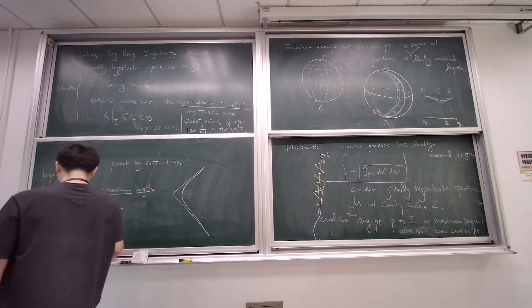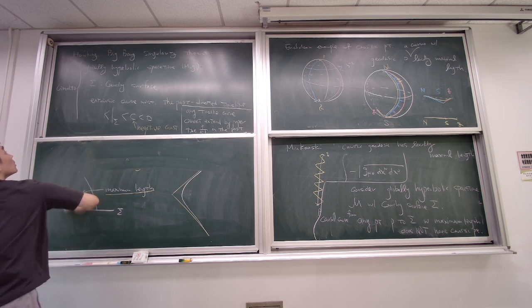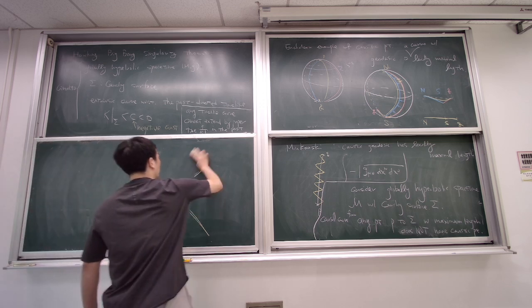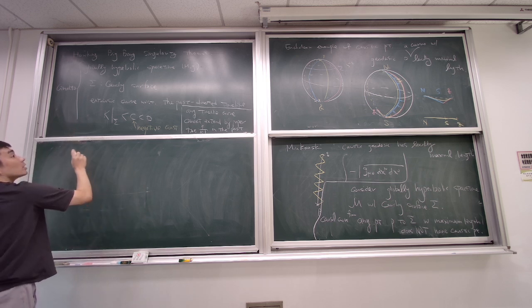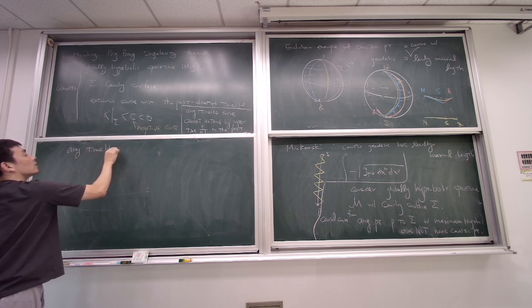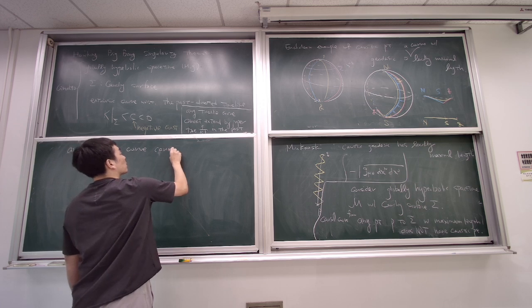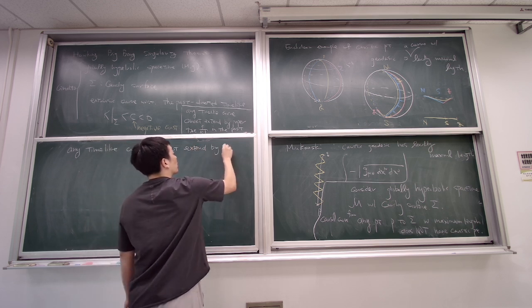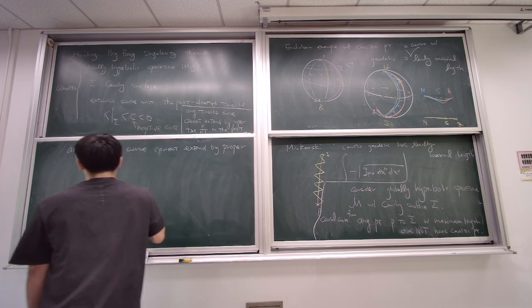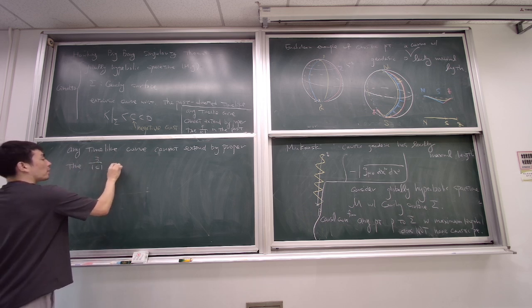That's the statement. This is the condition, and the conclusion is any timelike curve cannot extend by proper time 3/C in the past.